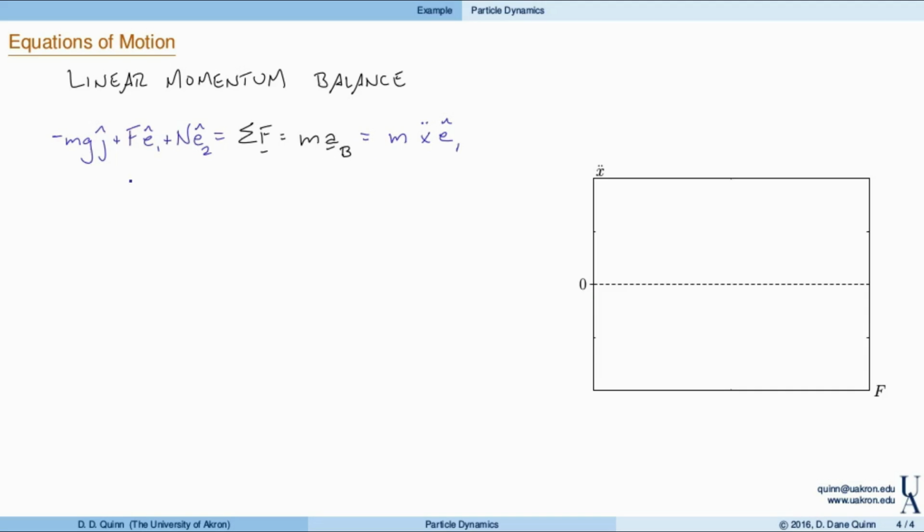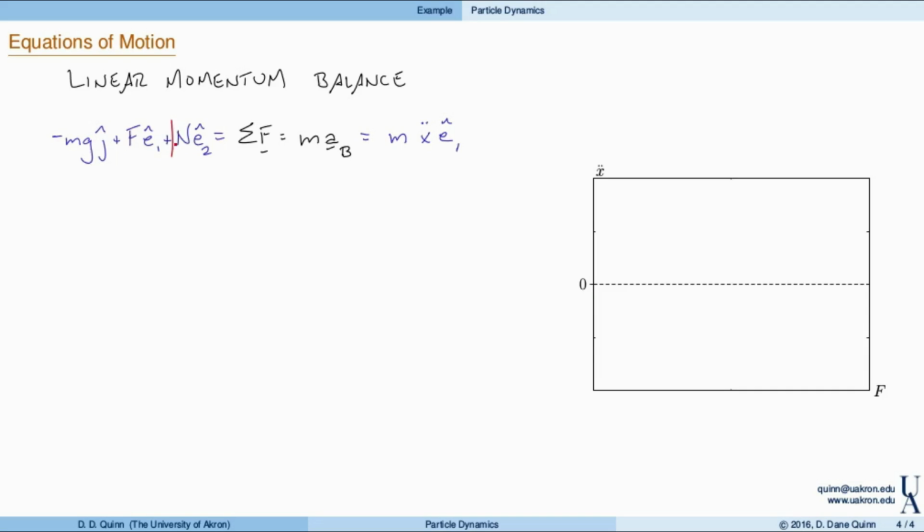We can take components in the I and j direction to find two scalar equations, or we can take components in the E1 and E2 directions to find our two scalar equations. Either way, we will find the same answer. These two approaches are exactly the same. They're equivalent. But one oftentimes is better than the other in terms of the algebra that we ultimately have to do.